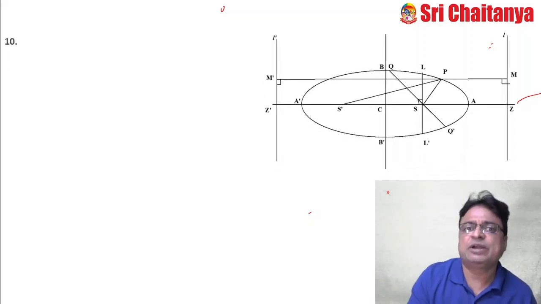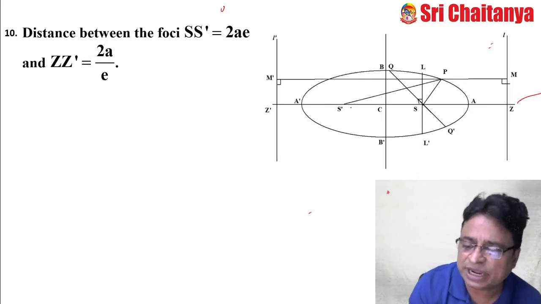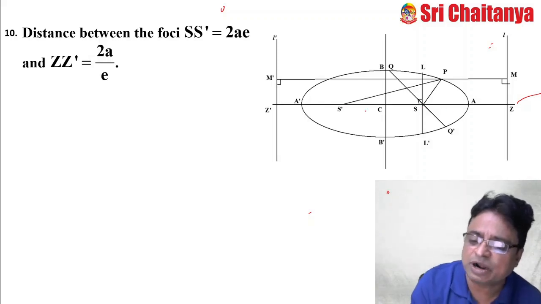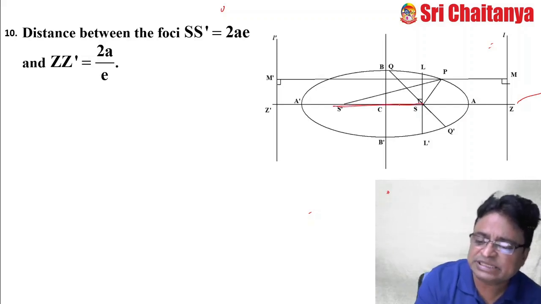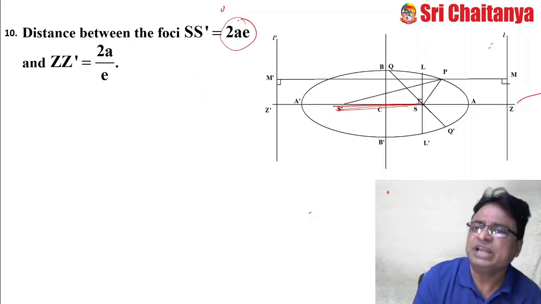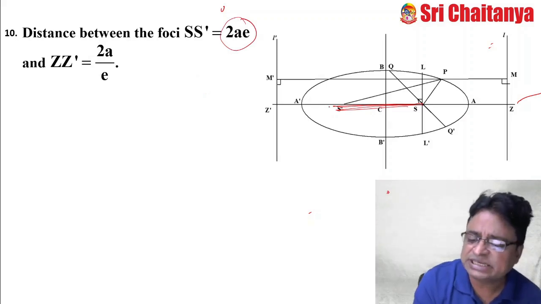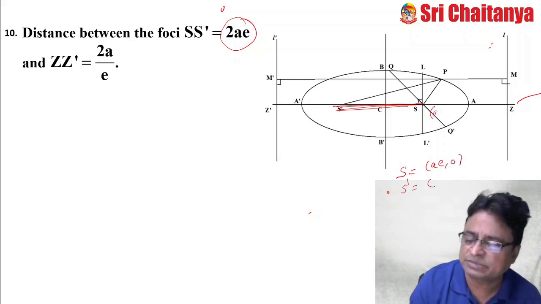Now, my friends, coming to the 10th point: the distance between the foci. Here I already introduced S and S dash. The distance between S and S dash is 2AE. Then automatically the coordinates of S become AE comma 0, and the coordinates of S dash become minus AE comma 0.